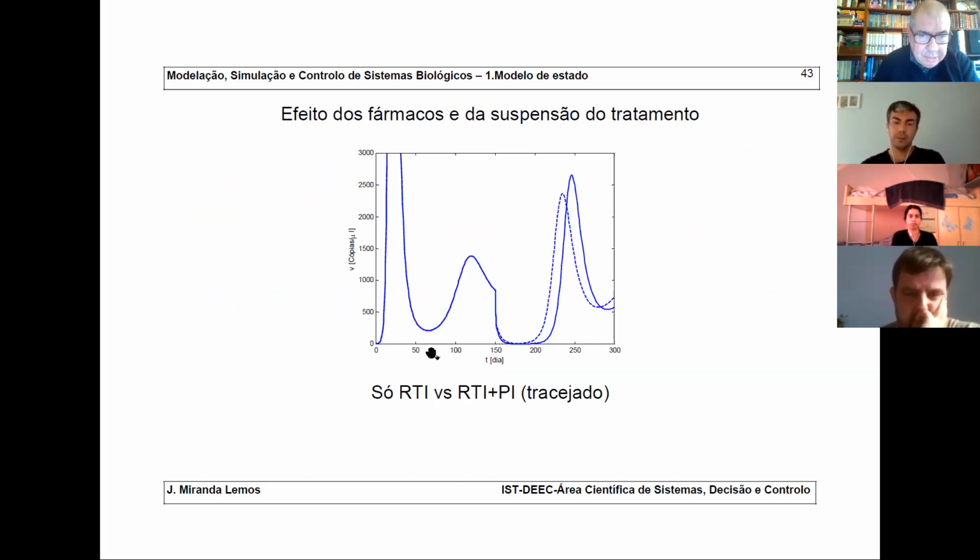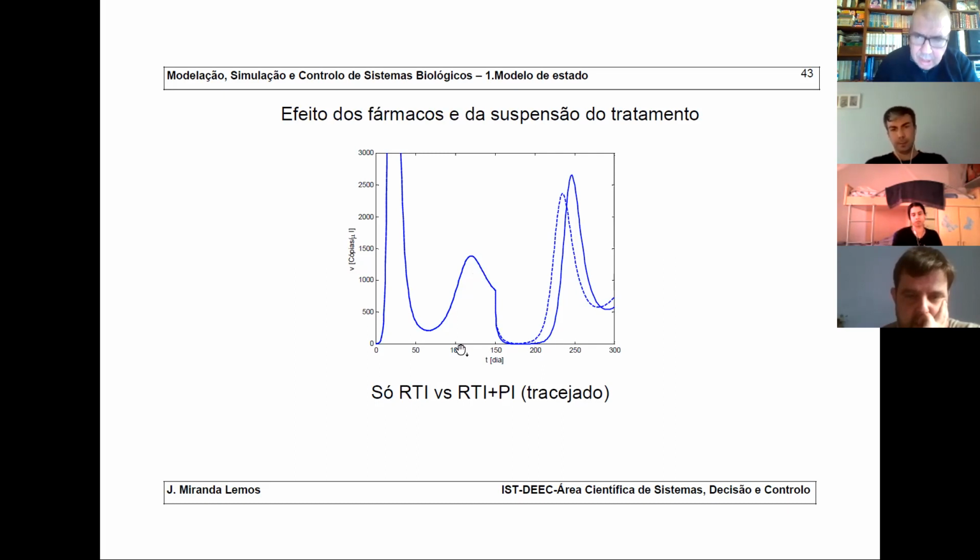If you want to, you can simulate the treatment here. You see that you start applying the treatment after 150 days, and you bring your virus concentration down, but you can show that it will never go to zero.